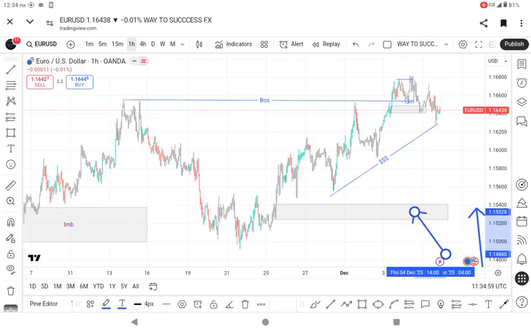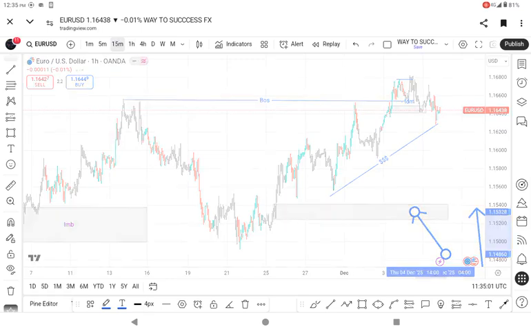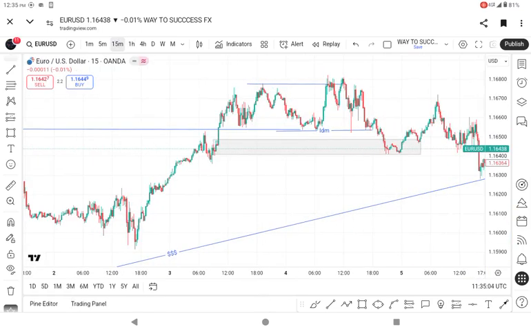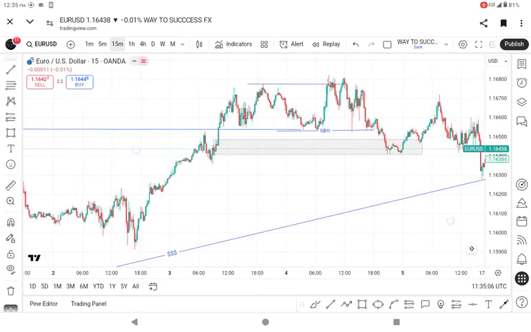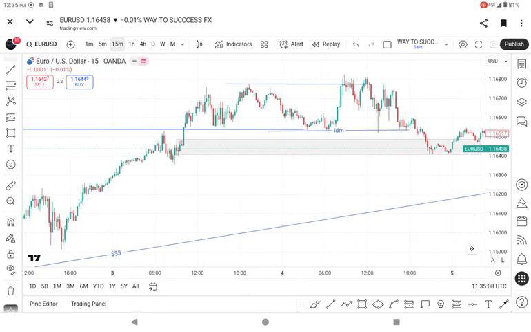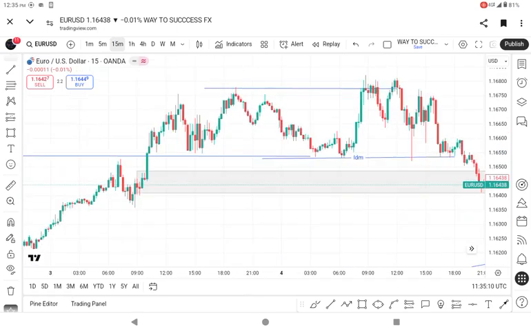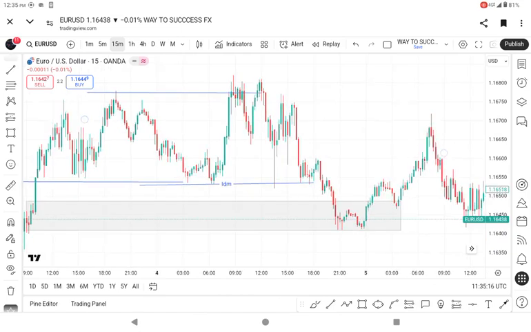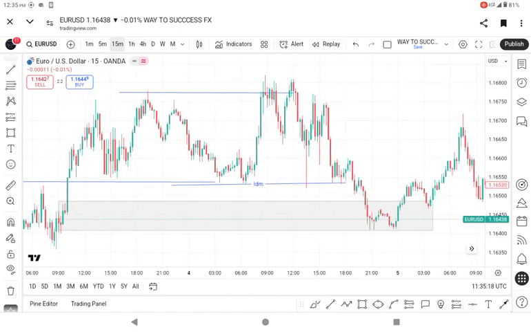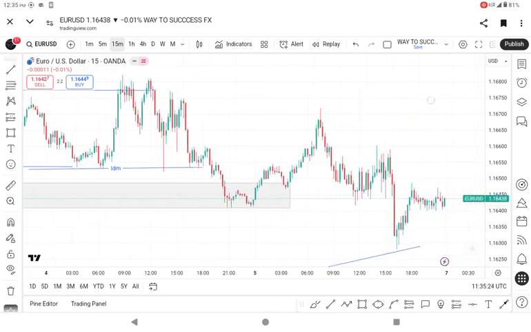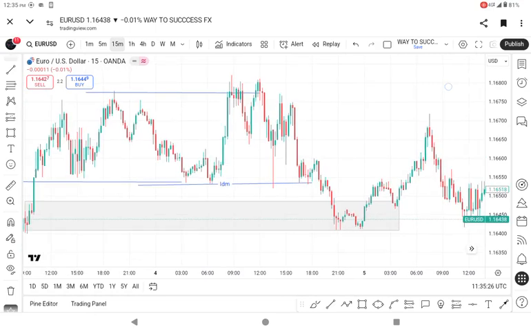So with that being said, let's check our 15-minute time frame to see what we have. Here in 15 minutes, we also have a similar thing to what we have on H1, but we are going to be focusing on the trend, what the trend is saying here.